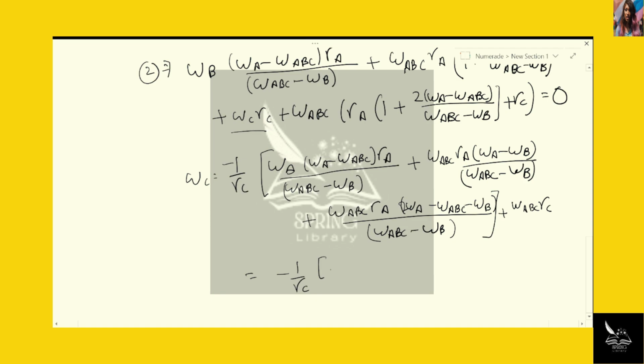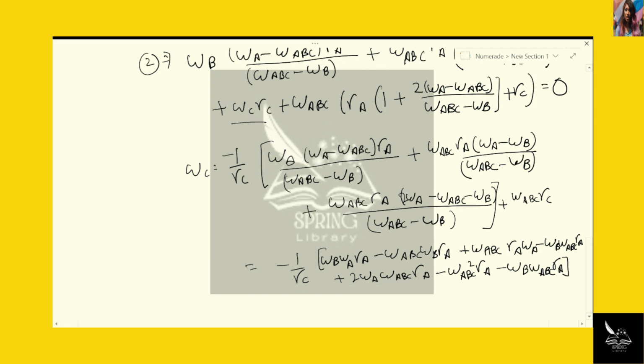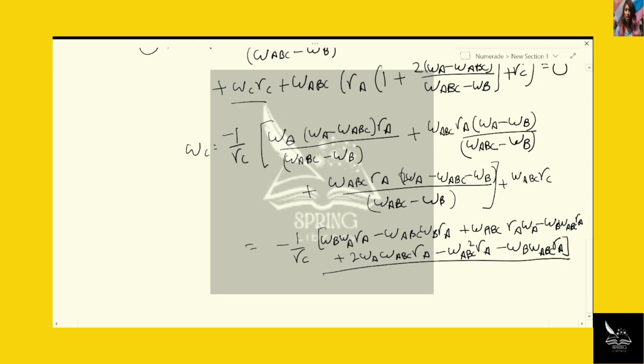So finally we have omega B omega A RA, minus omega ABC omega B RA, plus omega ABC RA omega A, minus omega B omega ABC RA, plus 2 omega A omega ABC RA, minus omega ABC squared RA, minus omega B omega ABC RA, and then all of this divided by, let's absorb this minus sign in the denominator.